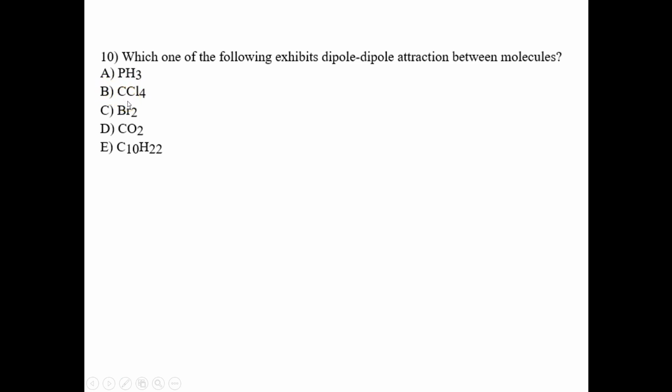It has four polar bonds, but they all cancel each other out, so it is nonpolar. PH3 is trigonal pyramidal. PH3 has a non-bonding electron pair, which gives it a tetrahedral electron geometry, but a trigonal pyramidal molecular geometry. That therefore leads to a permanent dipole in the molecule. So the correct answer is A.